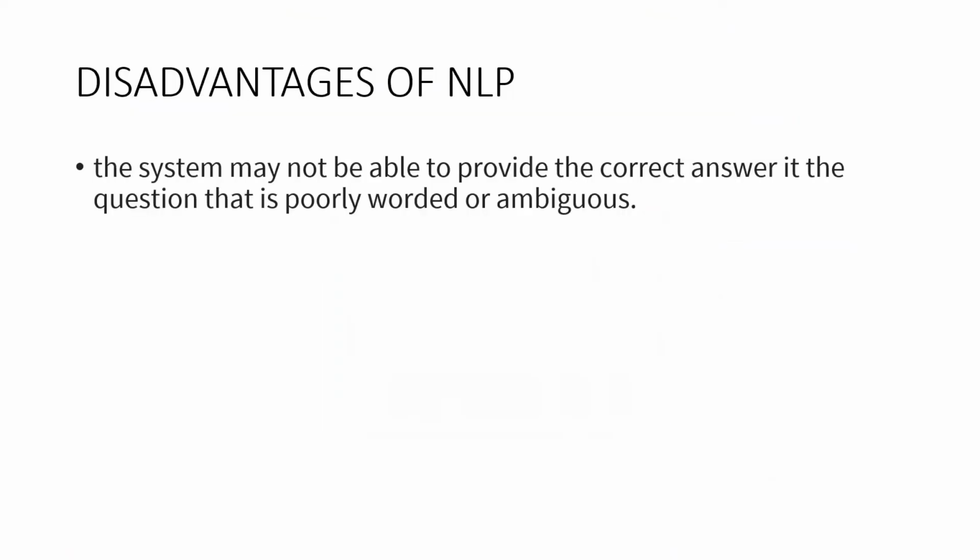Next, let's get into the disadvantages of NLP. The system may not be able to provide the correct answer if the question is poorly worded or ambiguous. That is one disadvantage. Another is that the system is built for a single, specific task only. It is unable to adapt to new domains and problems because of limited functions.